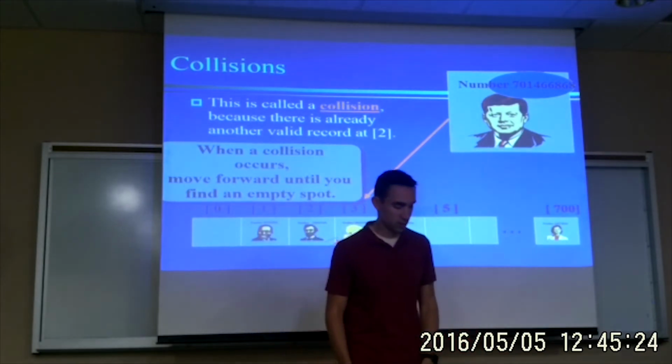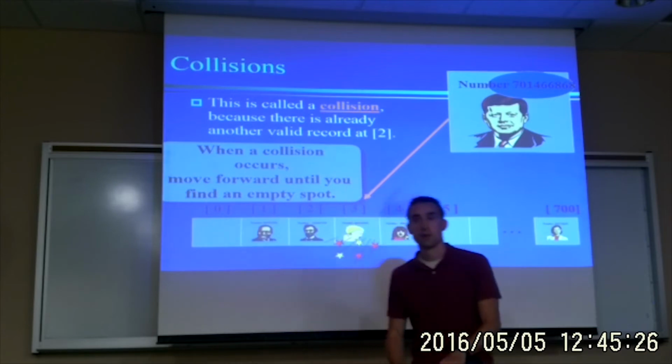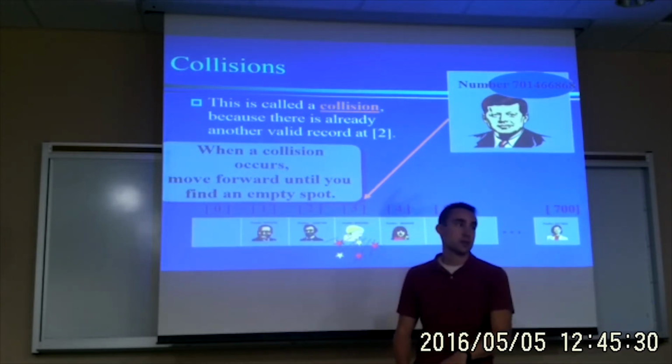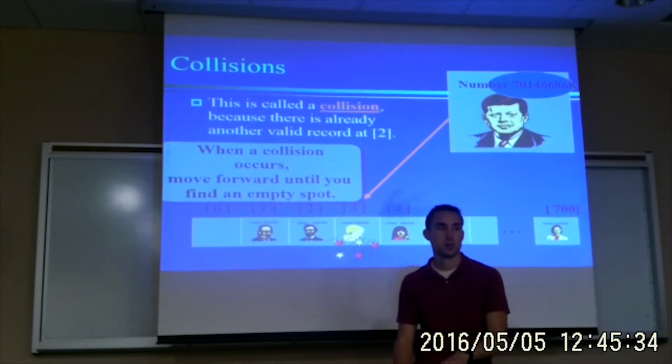First way that we're going to look at is the easy way. This is called open addressing using linear probing, which is a really fancy term that means keep looking until you find the next open spot.